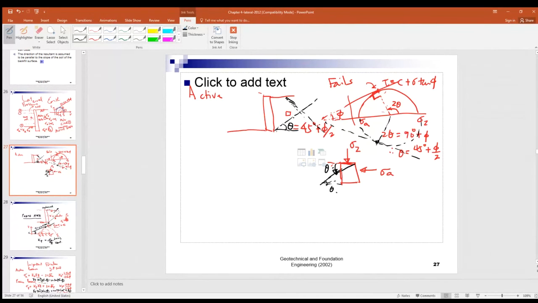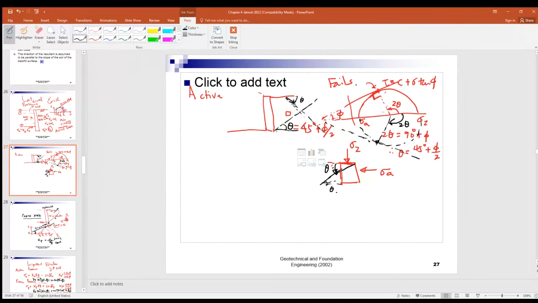So again, you got this here, right? So here, clockwise 2 theta, right? Again, you got here, right? Theta, right?